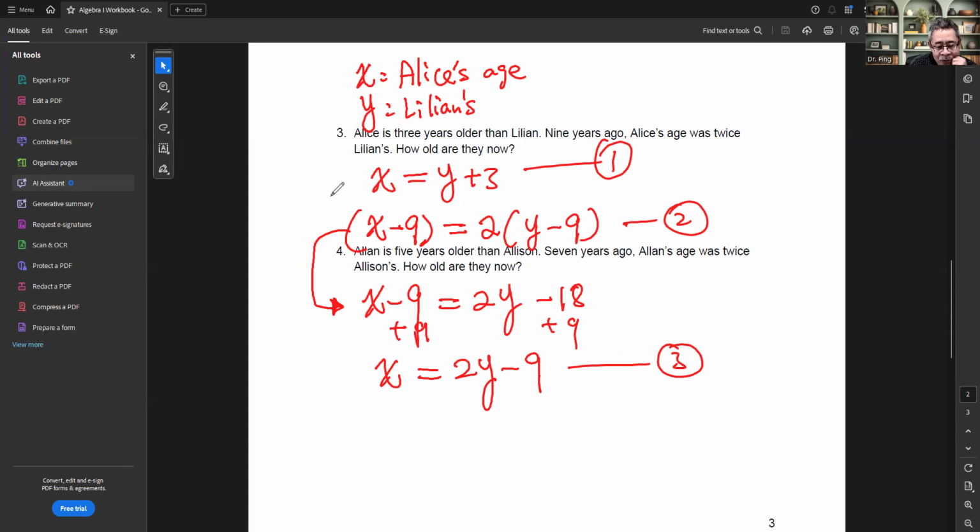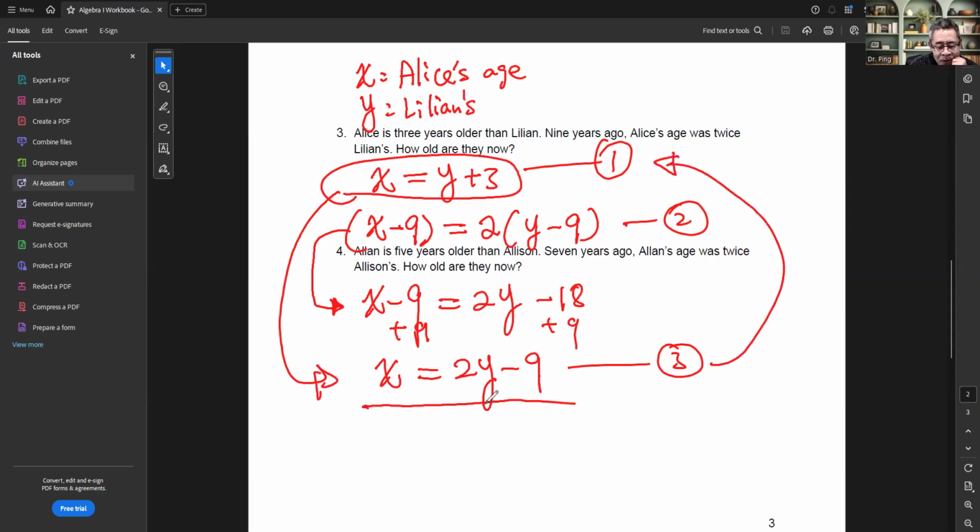So then we're going to do the substitution. It doesn't matter whether we substitute x into this equation, or substitute x from this equation into the first. It really doesn't matter. So let's just replace x with y plus 3. That means we get y plus 3 here, because x now is y plus 3, equals 2y minus 9.